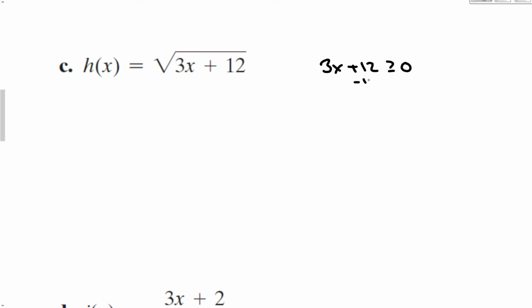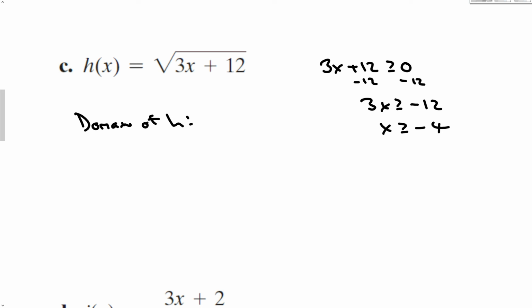And of course, if I subtract 12 from both sides, I have 3x is greater than or equal to negative 12. So x is greater than or equal to negative 4. So the domain of h is all real numbers greater than or equal to negative 4. And using interval notation, I use a bracket because it says or equal to, and then to infinity.